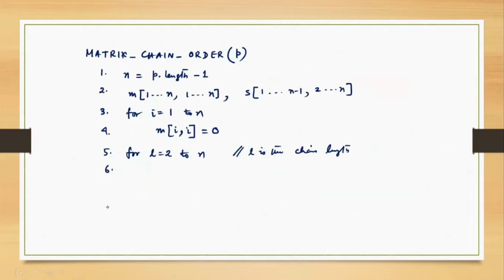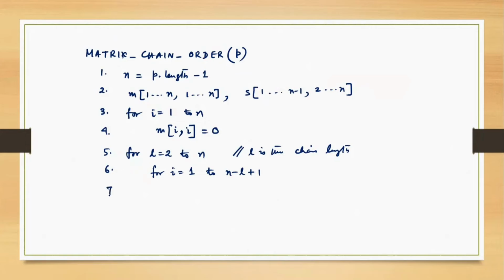So for every chain length, row number i will always start from 1, and it repeats up to n minus L plus 1. This is my request for all the students to verify. That is the value n minus L plus 1. This relationship you can find.